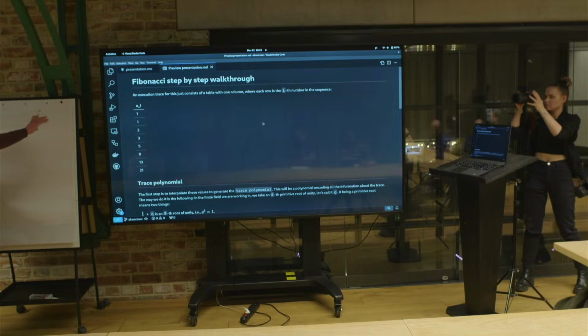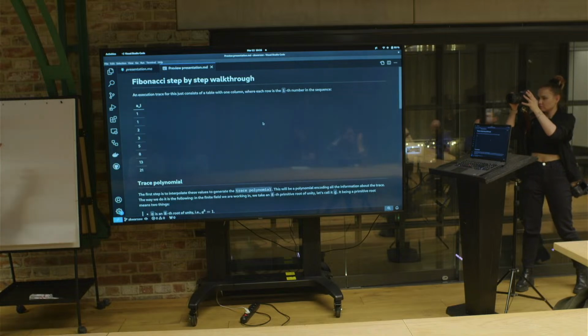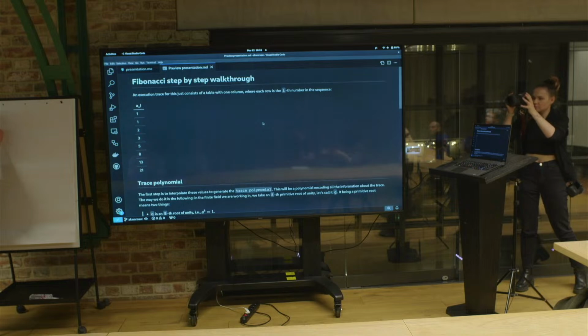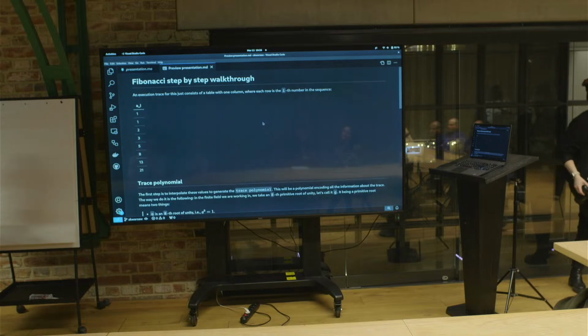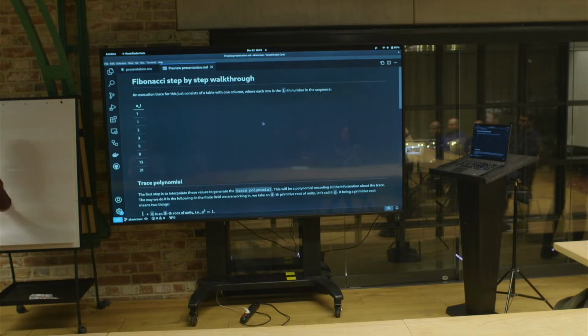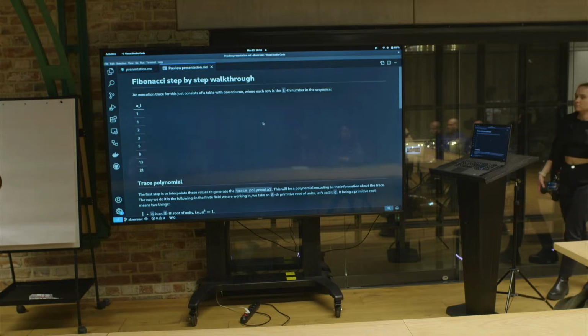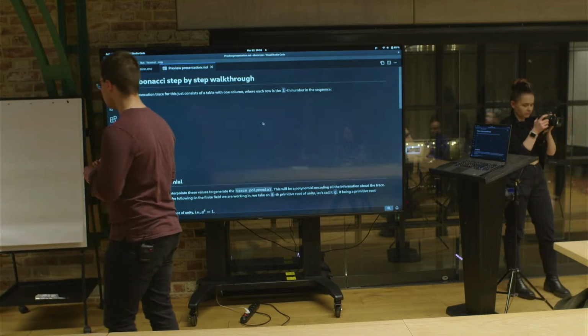We started with two ones because that's how we define the Fibonacci, starting with unity, second unity, and later it's calculating 2, 3, 5, 8, 13 and 21. So that's the execution trace of the Fibonacci.